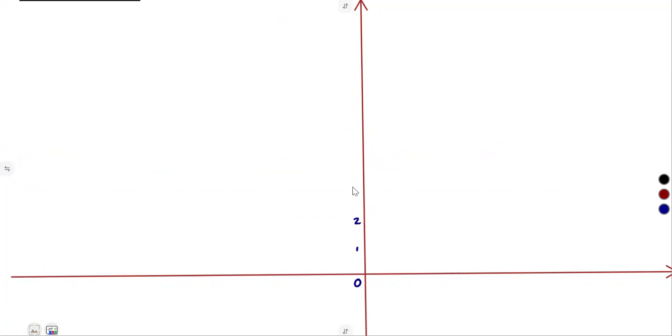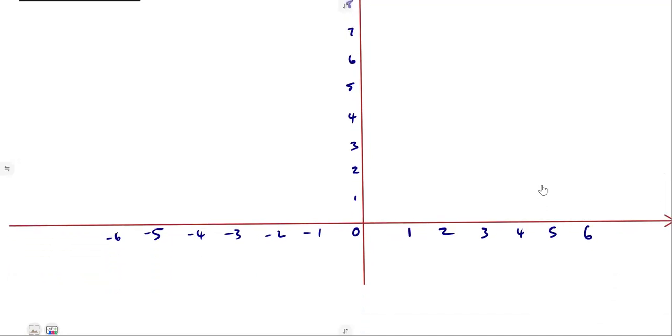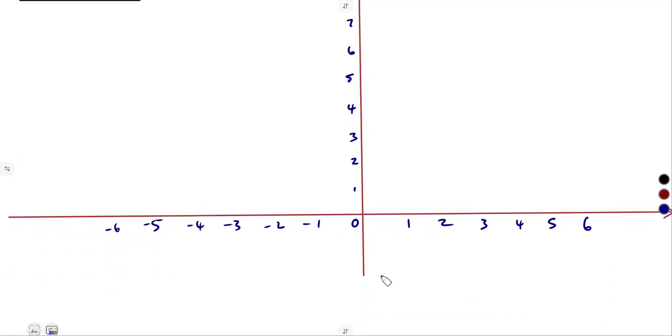We need up to 5: 1, 2, 3, 4, 5, 6, 7, 8, and so on on the x-axis, and 1, 2, 3, 4, 5, 6 and so on on the y-axis. We do not have more negative values, so on the negative side there is no need. Our graph is more positive.